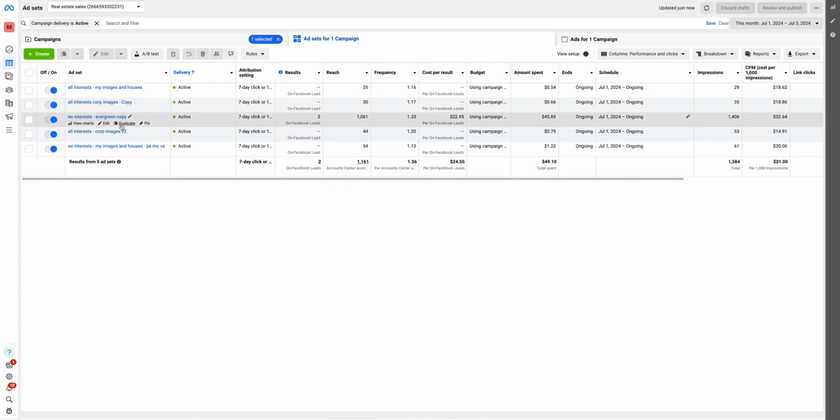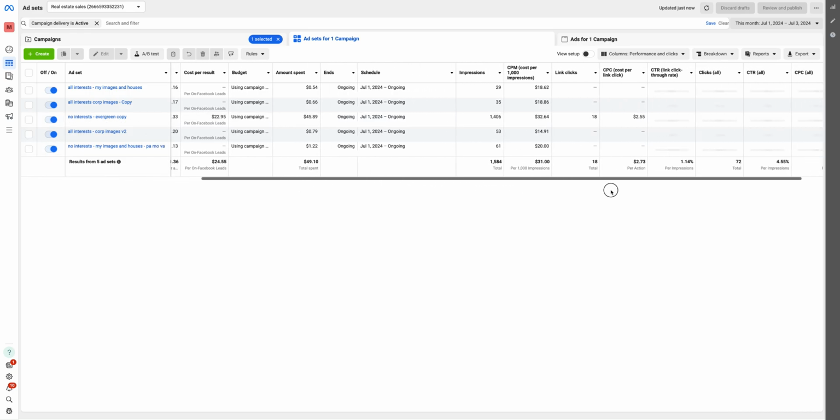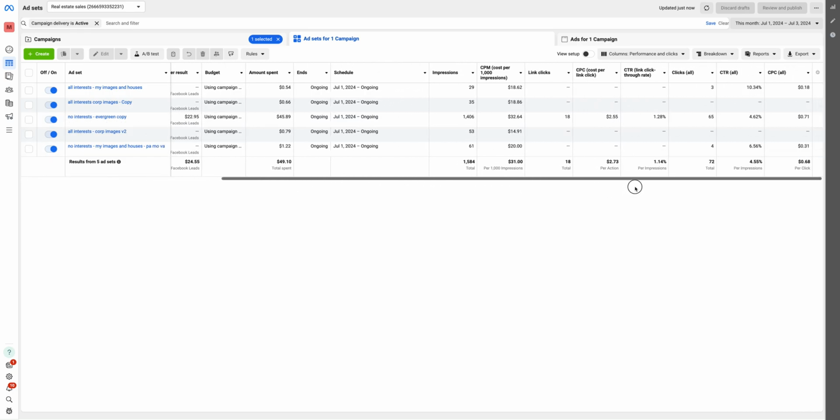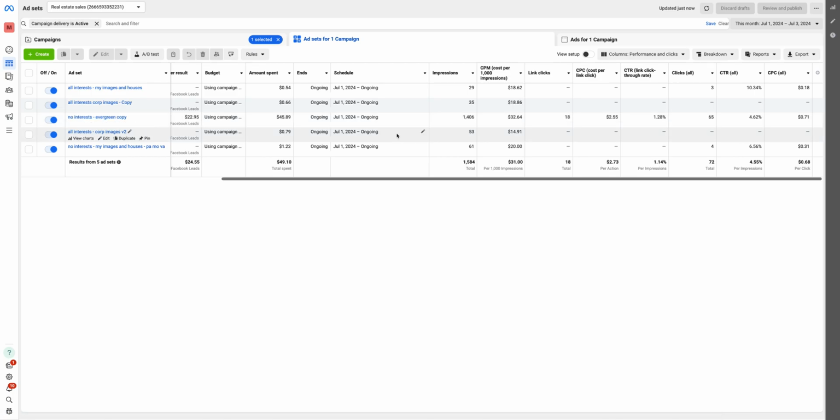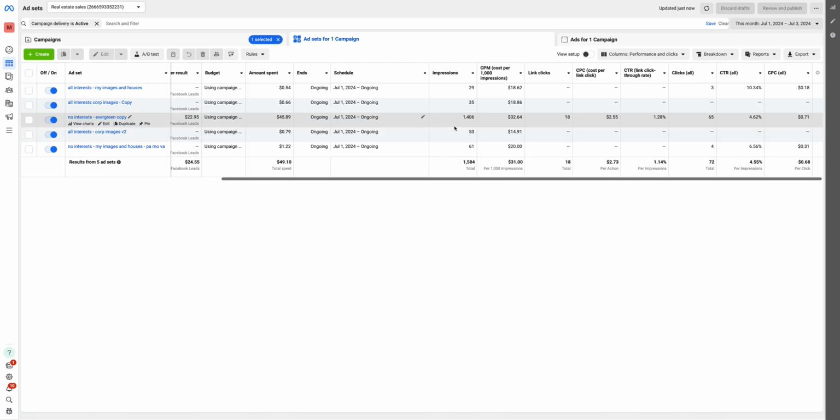So let's go into here and see. Both our leads came from this evergreen copy. And if we remember from yesterday, that is the ad set that had, I believe, the most link clicks and the most impressions, right? So Facebook is recognizing that people are interacting with this ad set more than the others, and they're pumping it out more.